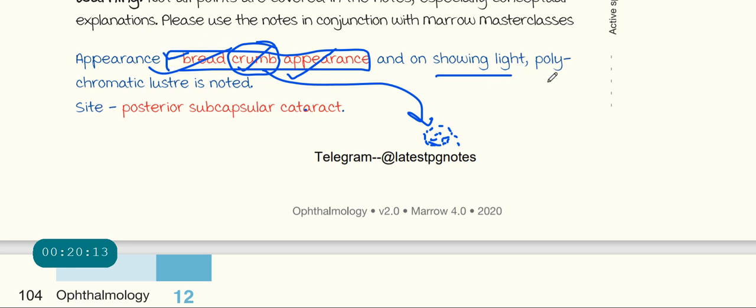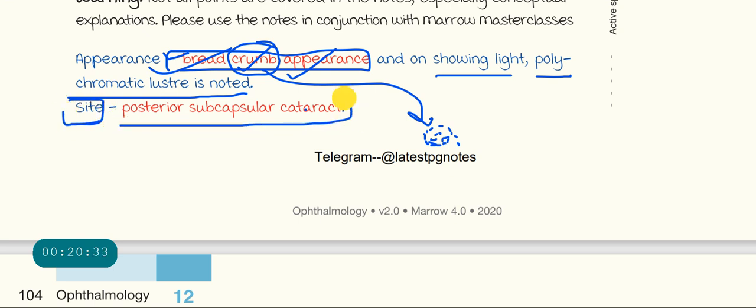Polychromatic luster is noted, so polychromatic lusters are present inside the eye in a group, and so it is a breadcrumb appearance. Now, what is the site? This is the main important thing. It is posterior subcapsular cataract. The previous one which we studied was anterior capsular cataract.